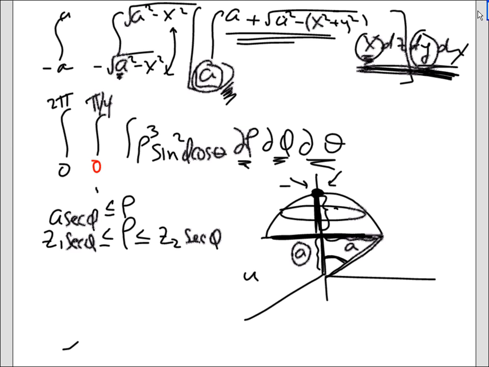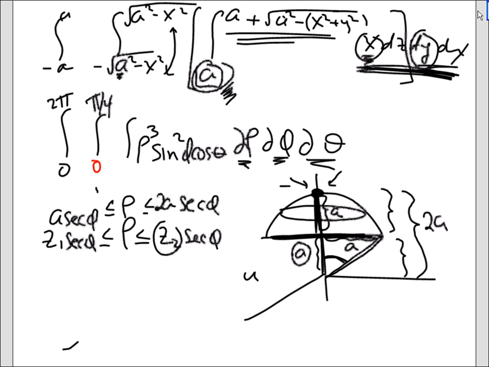It too is A. Well, if this piece is A and this piece is A, then the biggest that z can be is 2A. So rho goes from A secant phi to 2A secant phi.